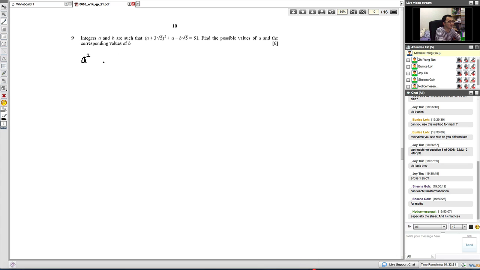Do this: a squared plus 6 root 5 a plus 9 root 5. I mean, I expand this one, I will get this one. Then plus a minus b root 5 minus 51 equals 0.